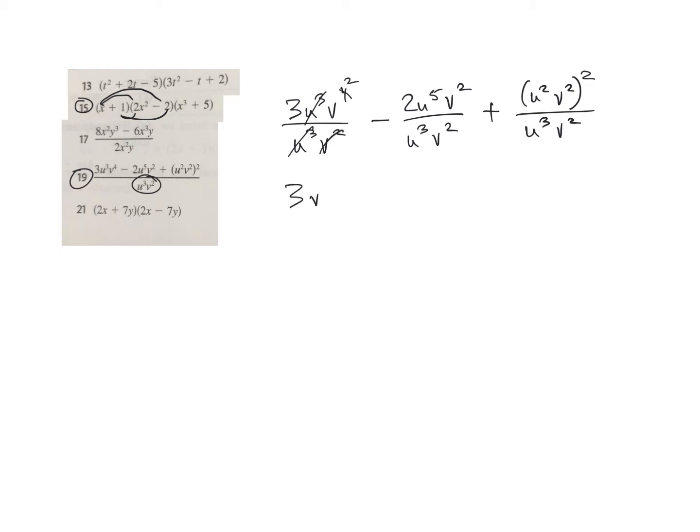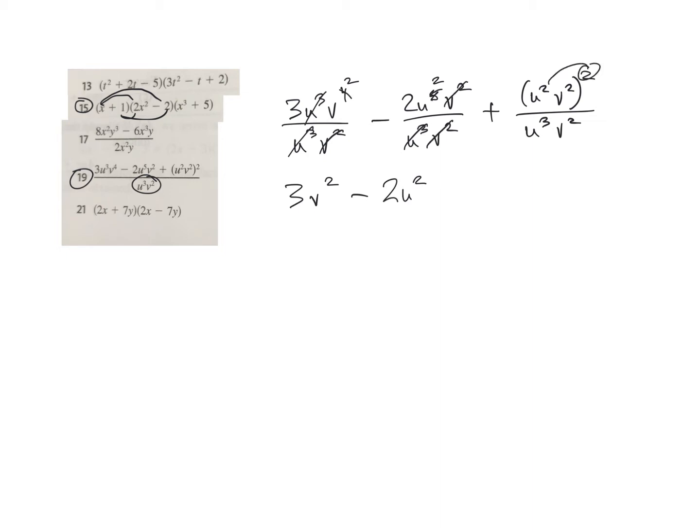So I have 3v squared. Okay? And now we take a look at the next one. We have a minus. 3 of these reduce with 3 on the top, so leaving 2 left over, so I have a 2u squared. And the v squared and the v squared reduce to 1.